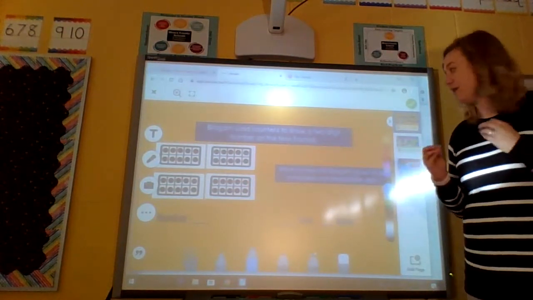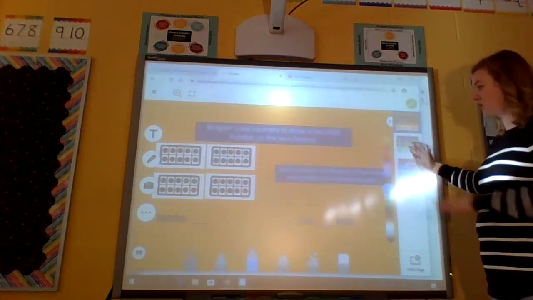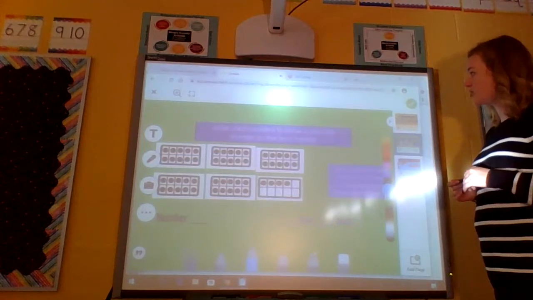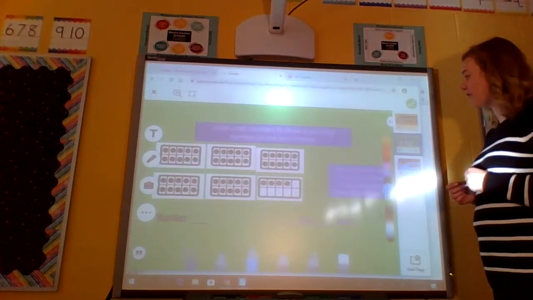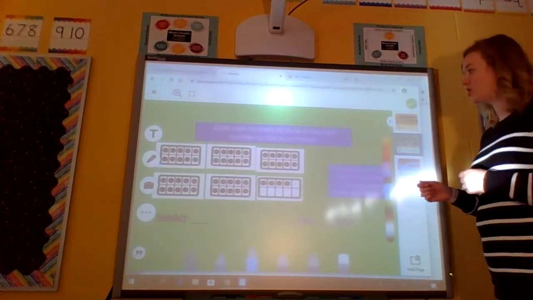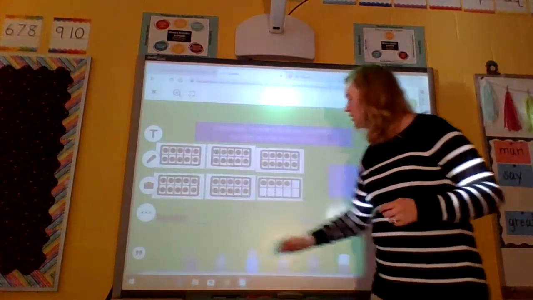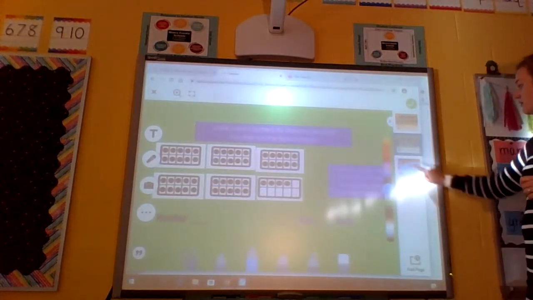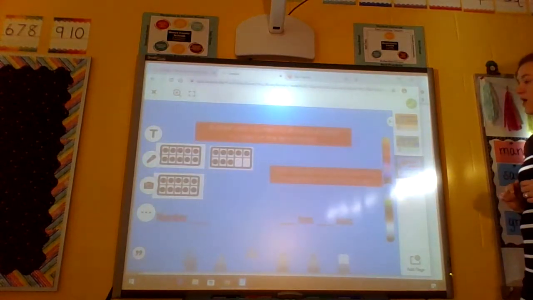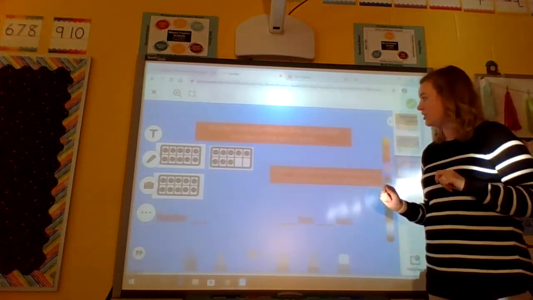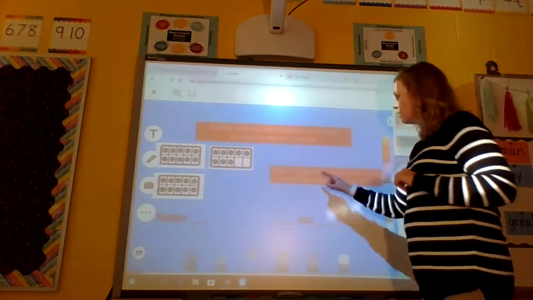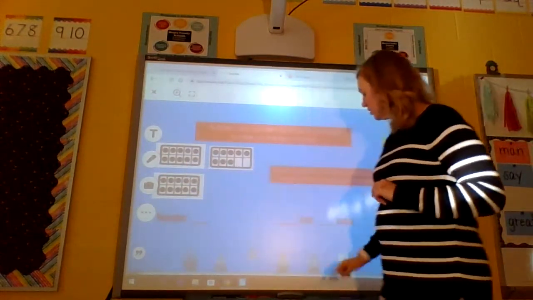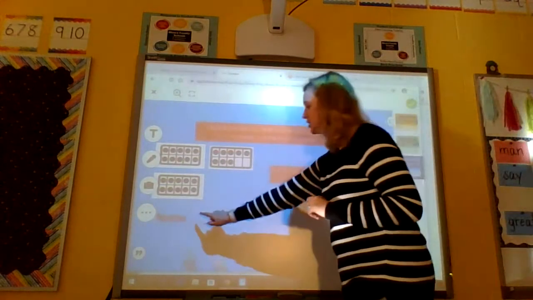Okay, so you would do that one. This one says Josie used counters to show a 2-digit number on the tens frame. What number did she show? You're telling me the total, and how many tens and how many ones. And the last one, Aubrey used counters to show a 2-digit number. What number did Aubrey show? Tens, your leftovers, and you're telling me the total number.